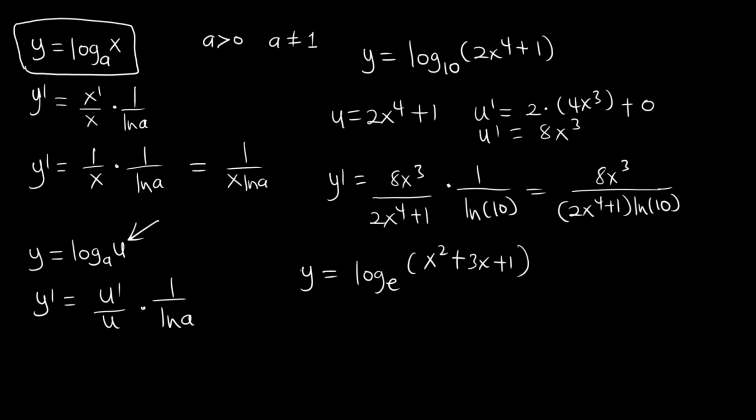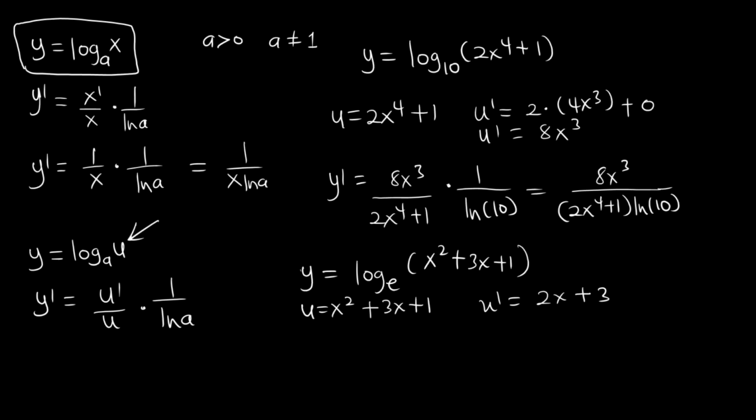You have to find the derivative of this function. So let's find our u. u will be equal to x squared plus 3x plus 1, and then u prime will be equal to 2x plus 3.